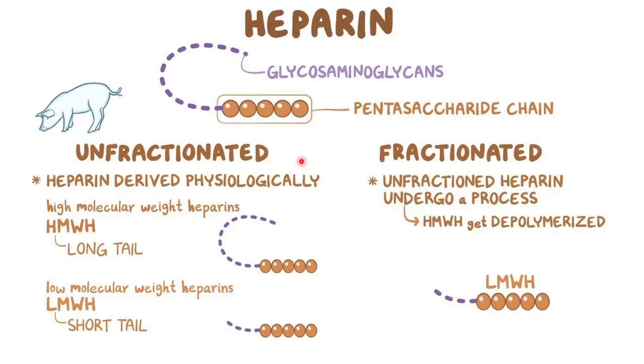Unfractionated is the one which is derived physiologically, and fractionated is the one which is derived synthetically. The high molecular weight heparins have a long tail, and the low molecular weight heparin is formed when unfractionated heparin undergoes a process called depolymerization.